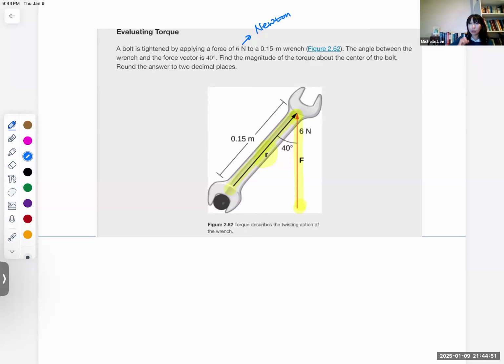Okay, so magnitude, then we take the magnitude of torque. So we have torque equal to cross product of that, right? So they are vectors. So this is also a vector, torque. And then this is the magnitude. So we take the magnitude, right? This notation. Okay, now we don't do that cross product because we don't have that information.